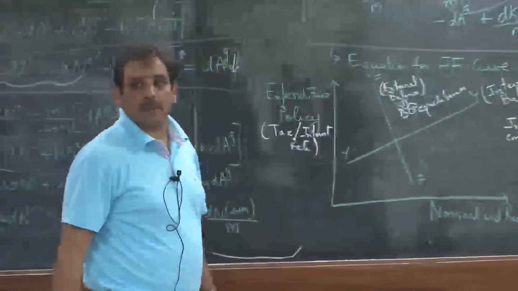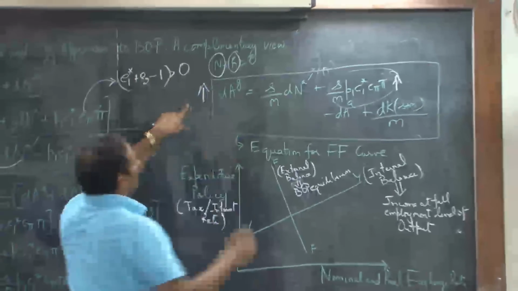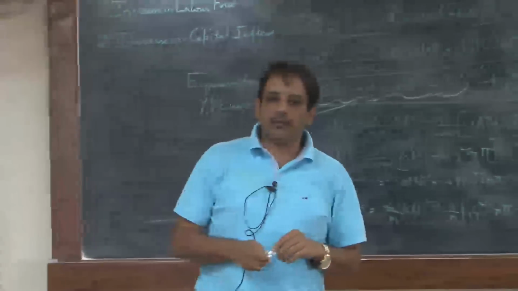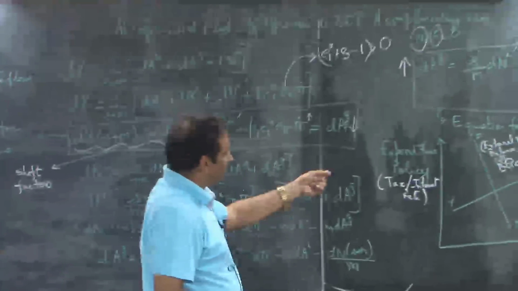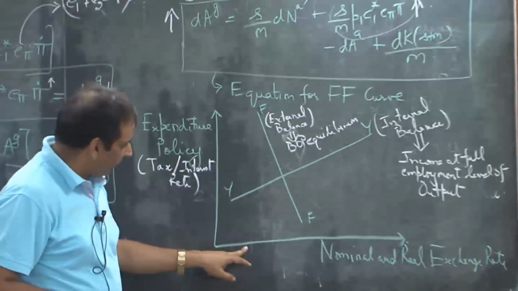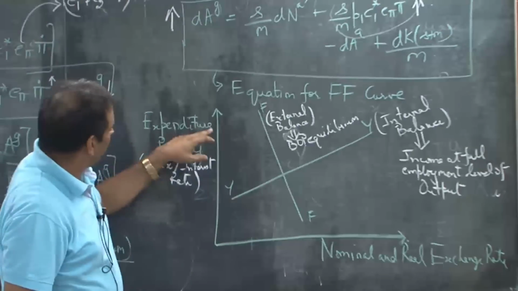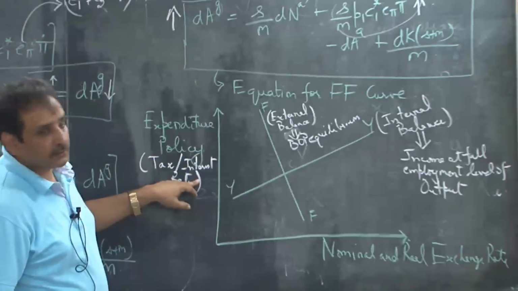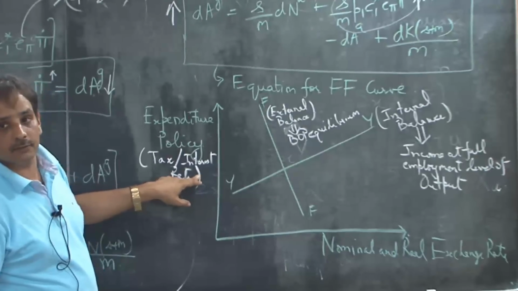Now, if you have to curb the surplus in balance of payments, then you need to raise your policy induced expenditures. And you can raise your policy induced expenditures by reducing tax rates and interest rates. So that's the reason that if you move to the right, that means if you increase the exchange rates, you need to reduce the tax or the interest rates to achieve the external balance.